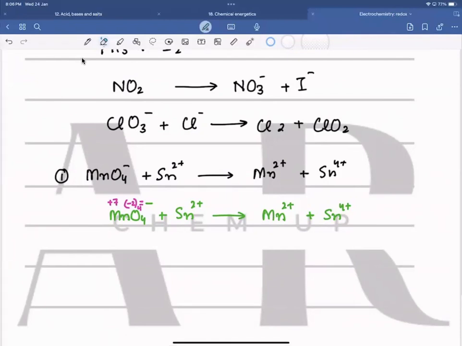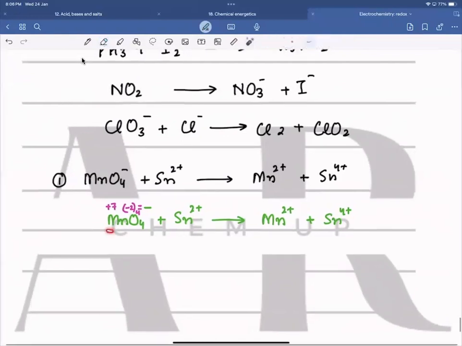Now, if we look at this Mn, how many Mn are over here? And how many Mn are over here?